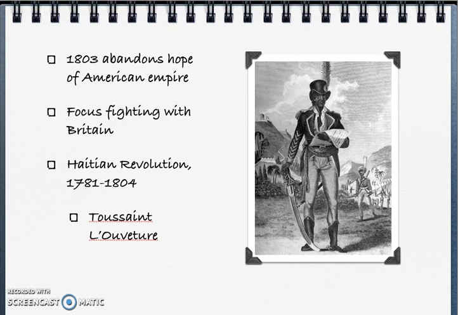The second reason has to do with the Haitian Revolution, the most successful slave revolt in history, which is taking place during this time period, mainly led by this man pictured here, Toussaint Louverture. In 1803, the French receive a massive defeat in Santo Domingo, and it forces Napoleon to reassess his resources.